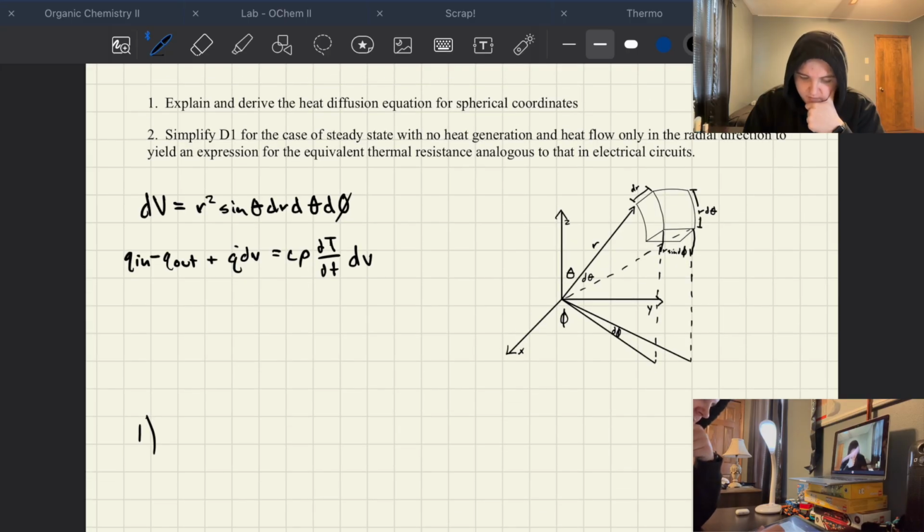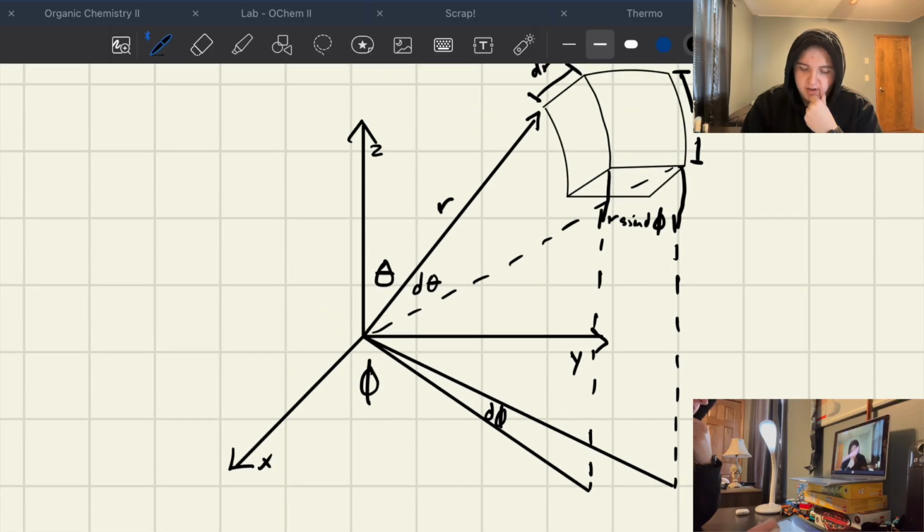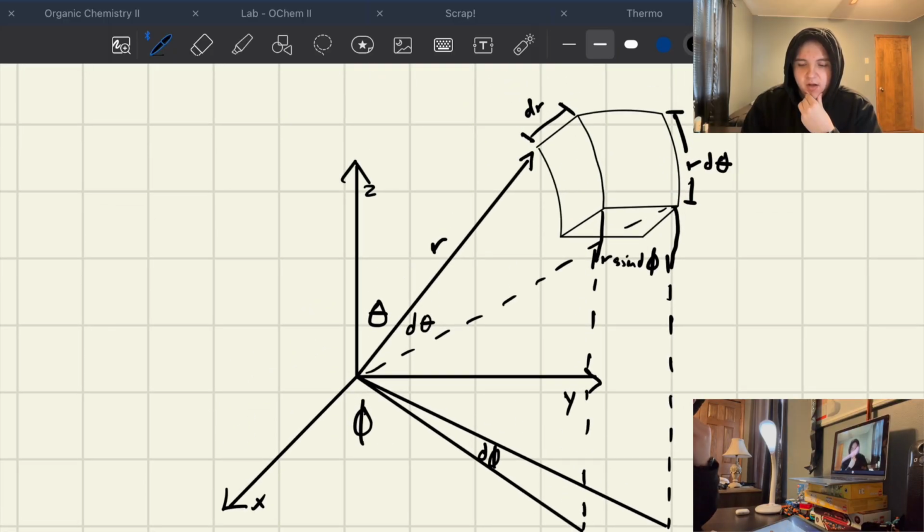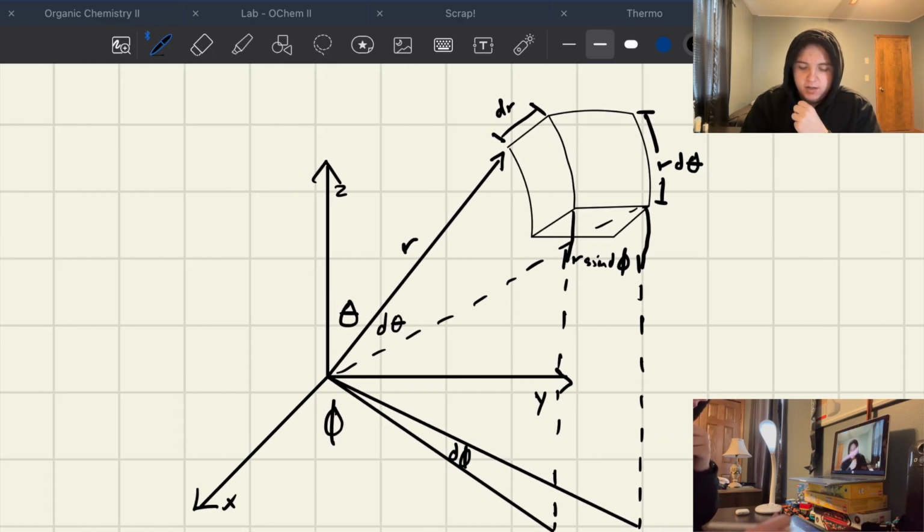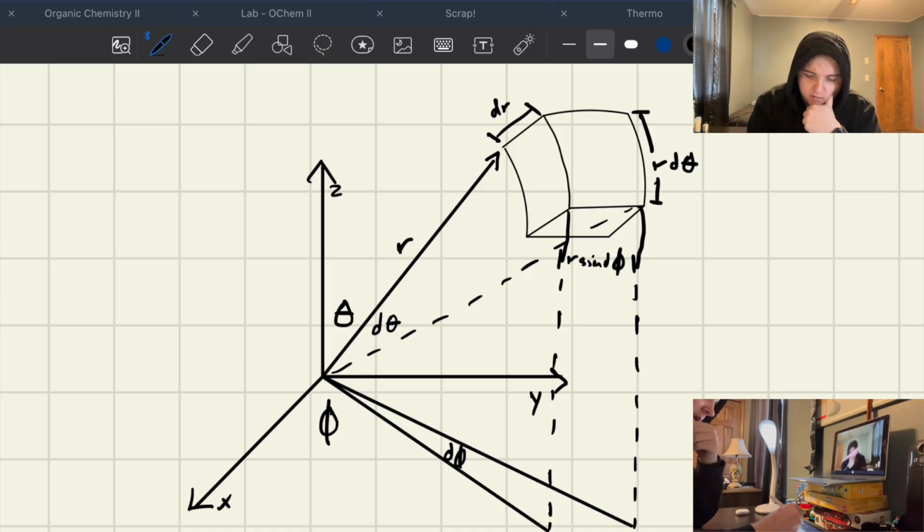So I have our diagram here that I took off the internet and just drew here. We have our r here, and then our dr is this cross-sectional area.